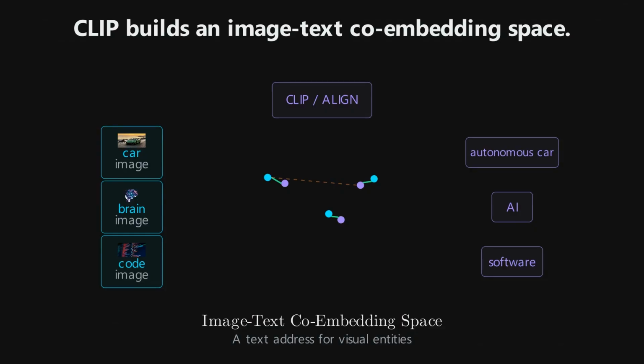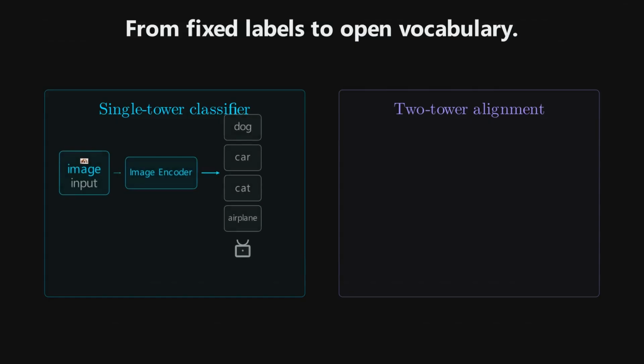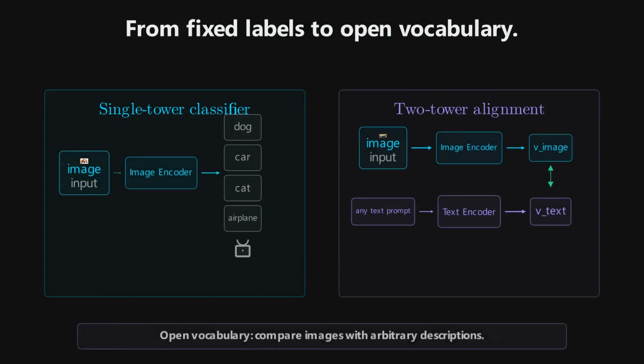That is already powerful. But image features alone are not enough. Text still lives in another universe. The phrase autonomous car is not an image. It has no pixels, no edges, no texture, no color. So the question becomes, how do we place language and vision into the same mathematical space?